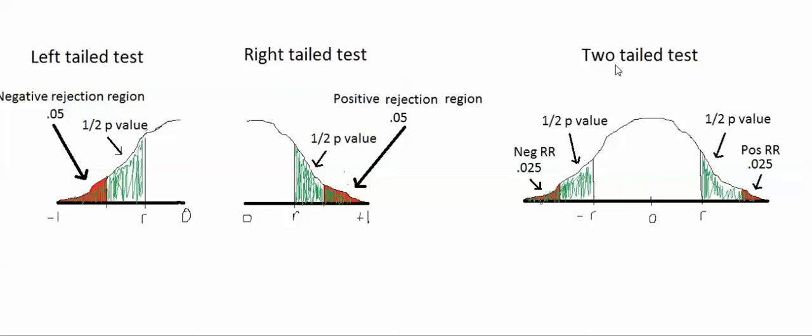So the two-tailed test is much more common than these other types of tests, because these other types of tests are actually a little bit controversial, because it's difficult for a researcher to confidently say that the correlation can only be at one end of the number line and not the other.